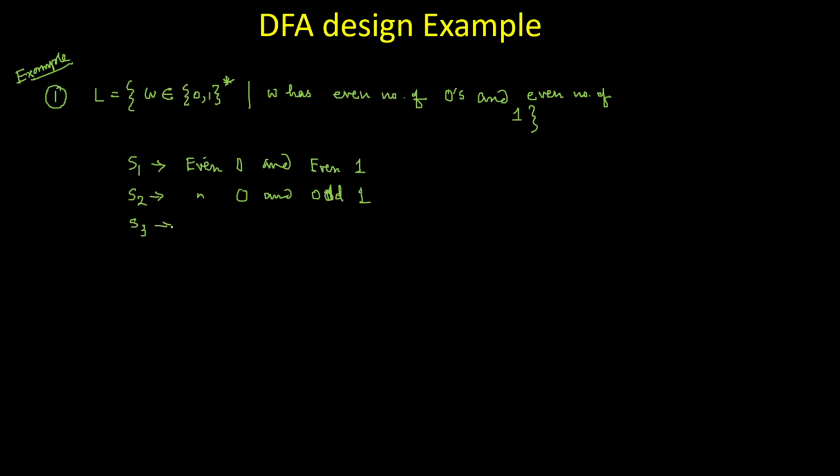S3 can be odd 0 and even 1. S4 can be odd 0 and odd 1. Right? These are the 4 states of mind possible. Anyway, we don't call them S1, rather we will consider Q1, Q2, Q3 and Q4.